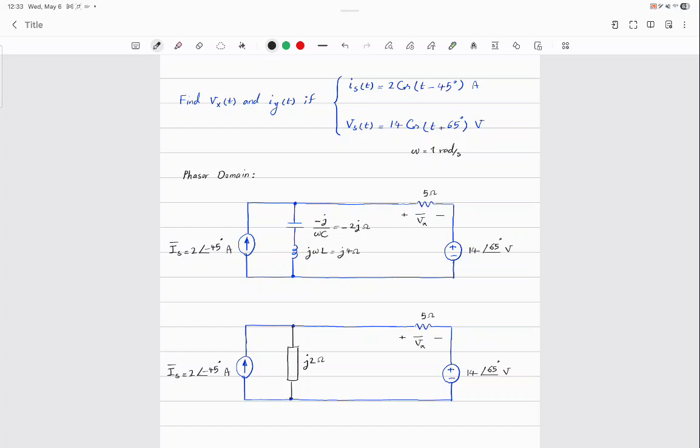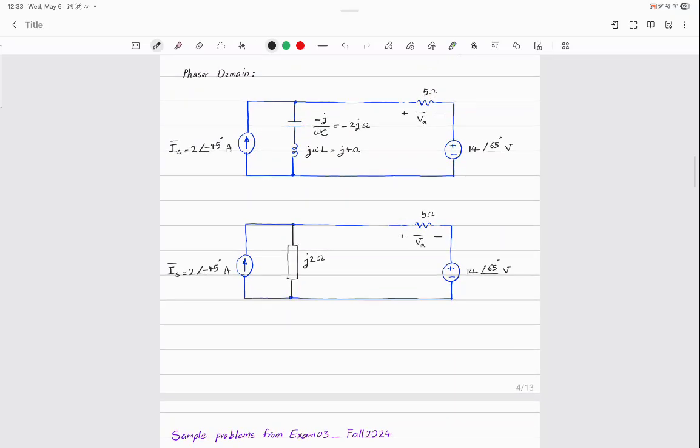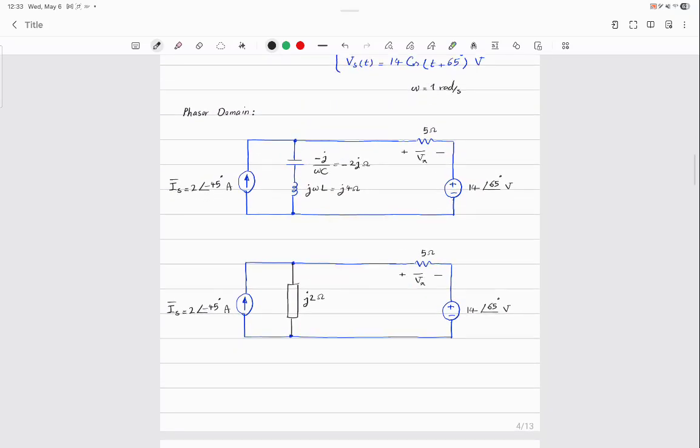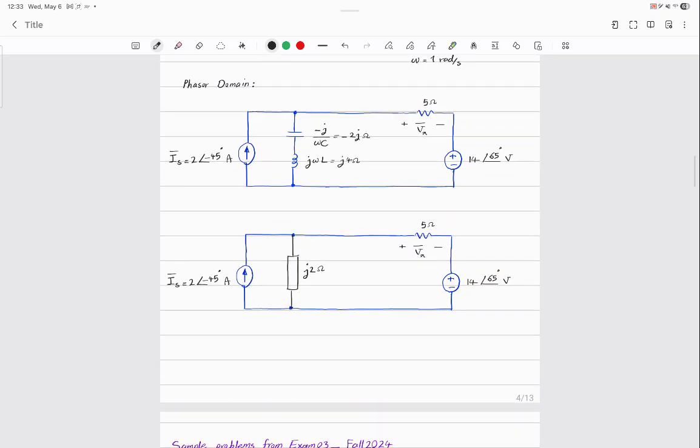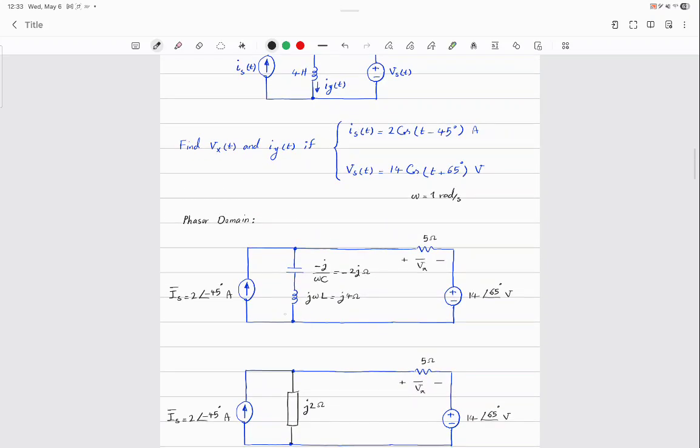Do I care what kind of a block that is? No, because it's not a single block. It's a combination of a capacitor and inductor. The only thing that matters is that its impedance is j2 ohms. Okay, what do I need to find? Vx and Iy. Where is Iy? I lost it. Here.